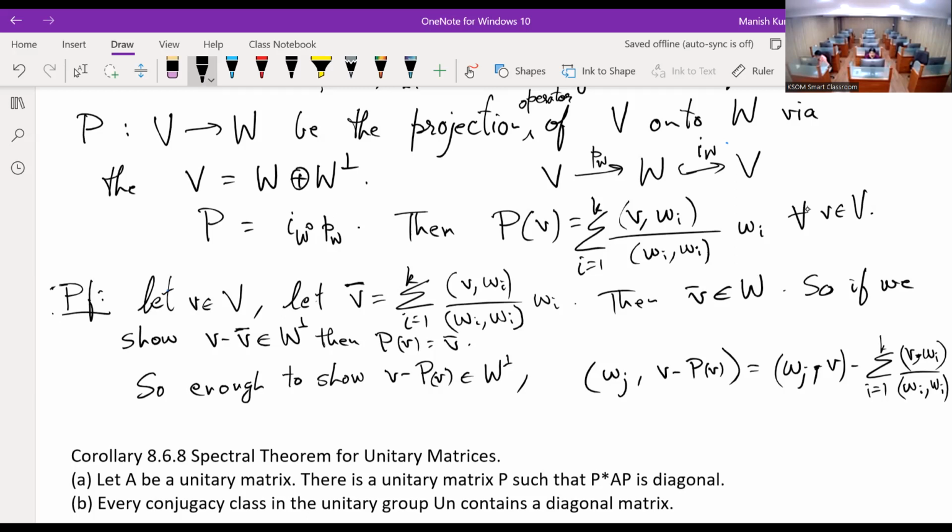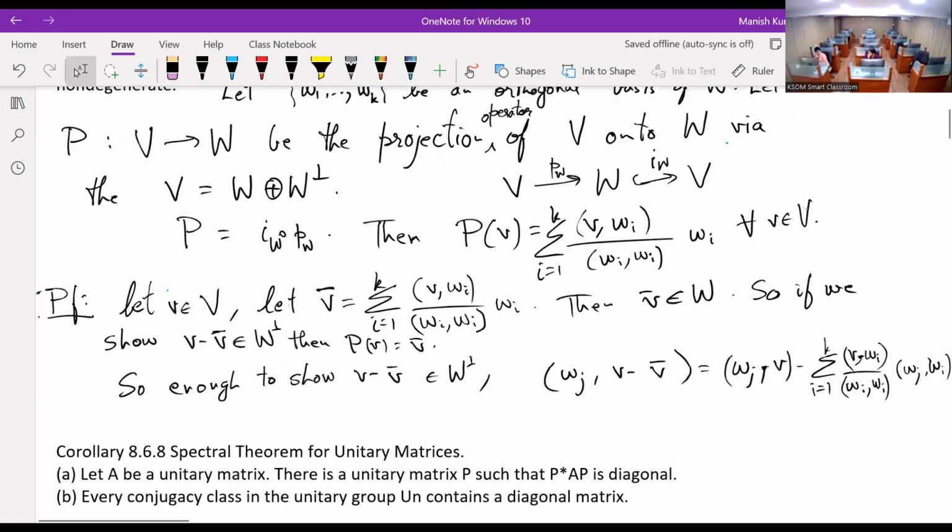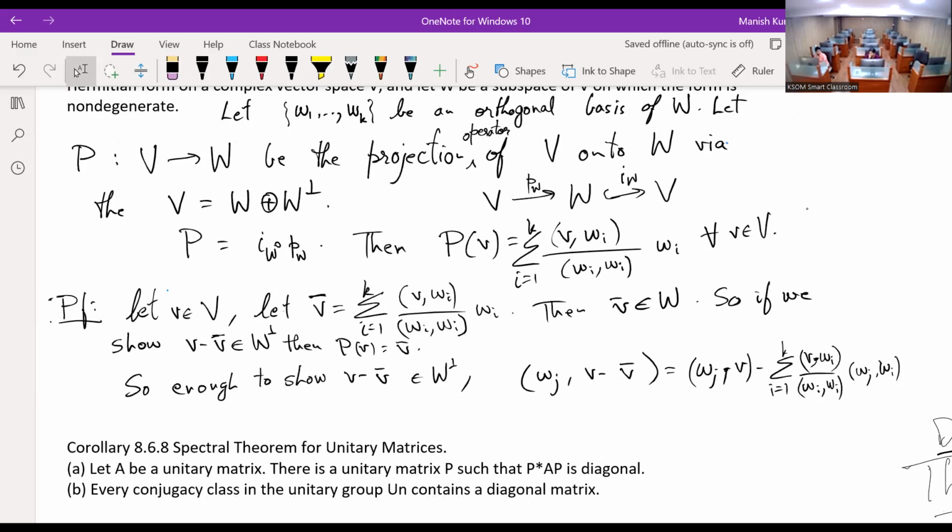So what we have to do is show v minus v bar is in W perp, because by definition v bar is in W. So it is enough to show wj comma v minus v bar is zero.